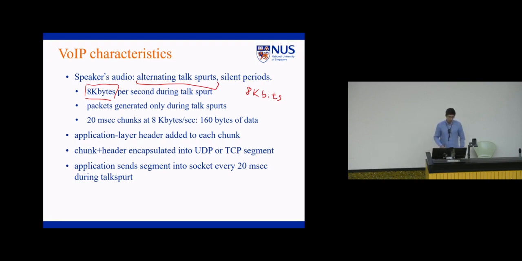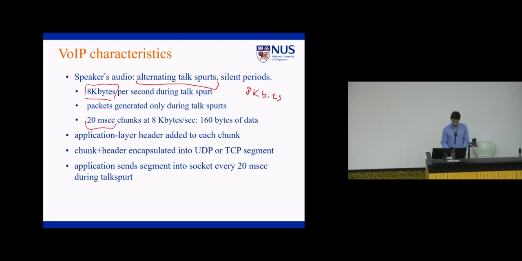But the good thing is that this 8 kilobytes per second only occurs when one party is talking. So in between, you do not have to send any packets. So let's say each of our chunks, each packet, contains 20 milliseconds of sound data.